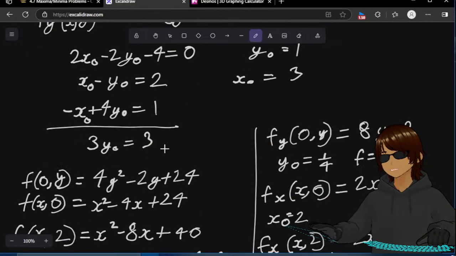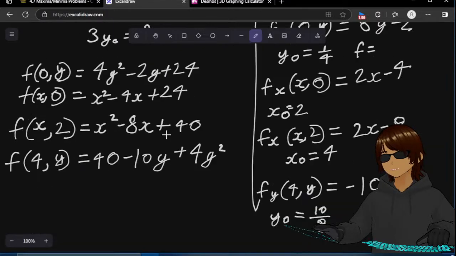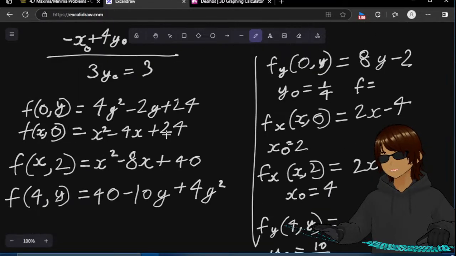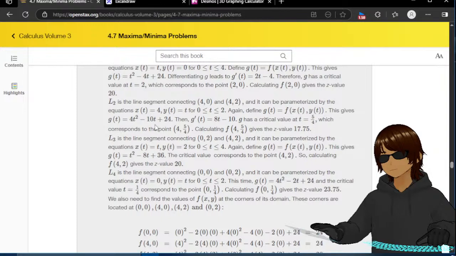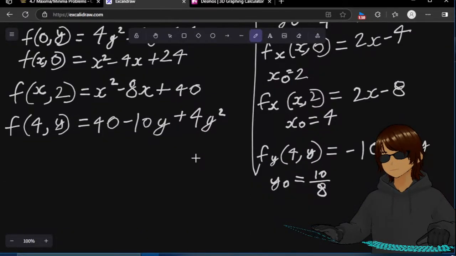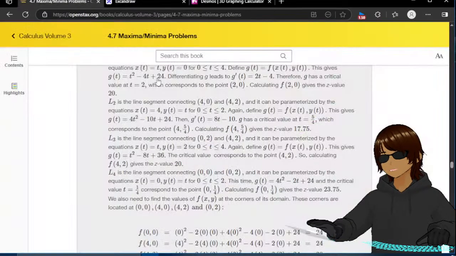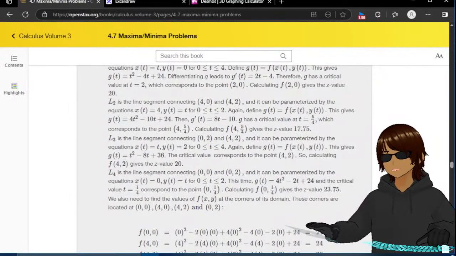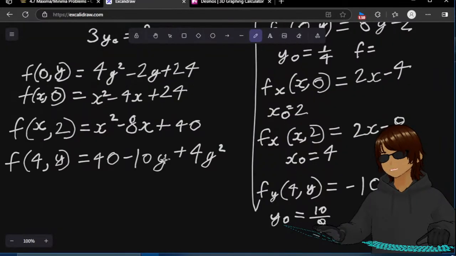Four minus 2y plus 24. Line segment containing, okay, 5 over 4 is correct. 4 and 5 over 4. 4 2 is the issue.